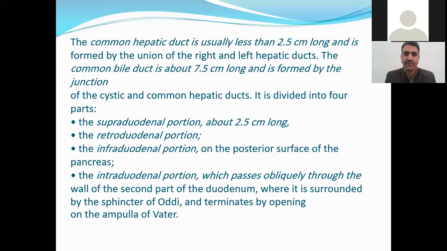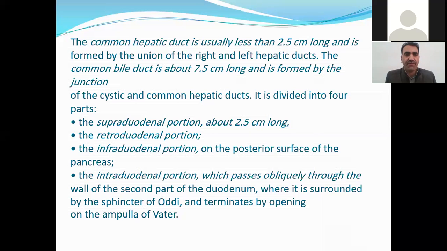The common hepatic duct is formed from what? From the union of the right and left hepatic ducts. The common bile duct is formed from the cystic duct joining the common hepatic duct, is about 7.5 cm long, and is formed by the junction of the cystic and common hepatic duct.